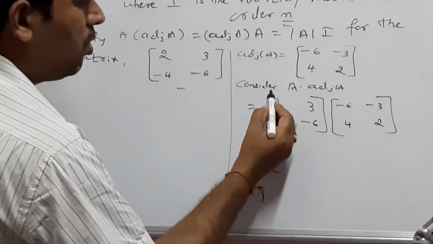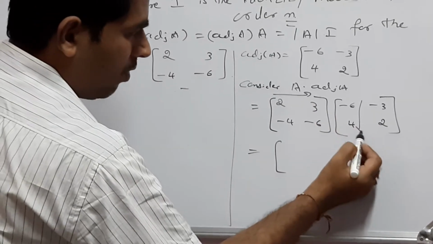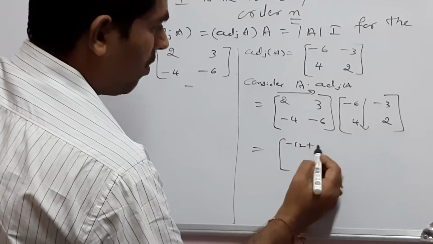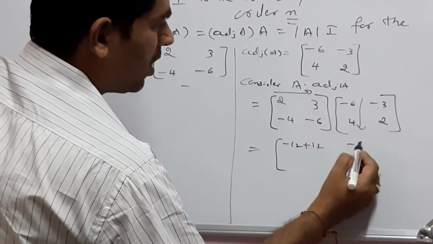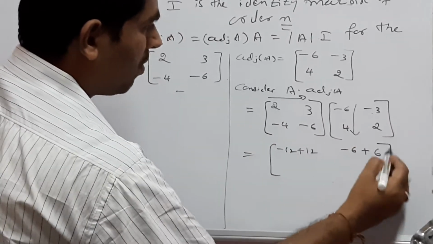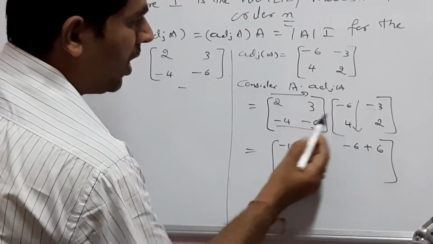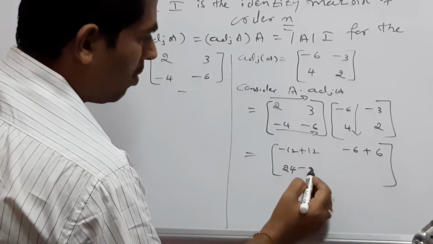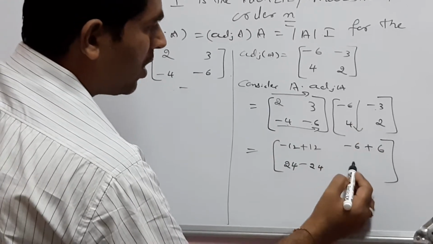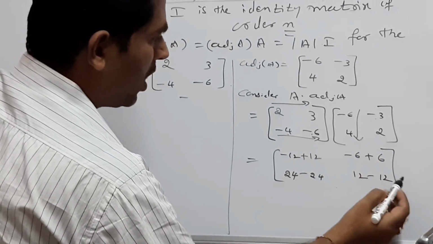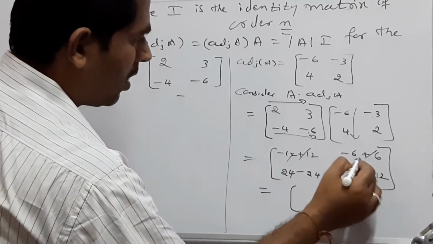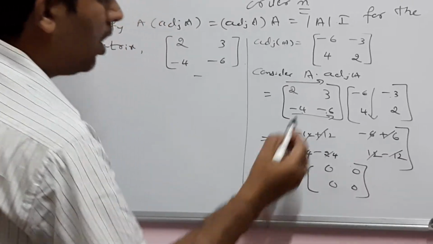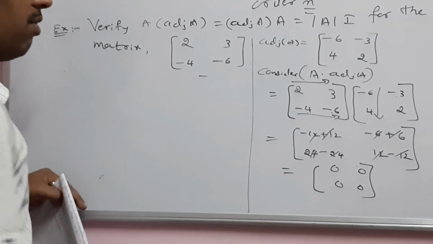You start with the first row and consider the first column: 2 into minus 6 is minus 12, plus 3 into 4 is 12. Then 2 into minus 3 is minus 6, plus 3 into 2 is 6. Then consider the second row: minus 4 into minus 6 is 24, minus 6 into 4 is minus 24. Then minus 4 into minus 3 is 12, minus 6 into 2 is minus 12. Then these get cancelled, so we get 0. All the elements are 0. So this is A into adjoint of A.